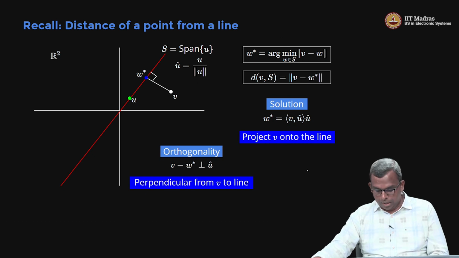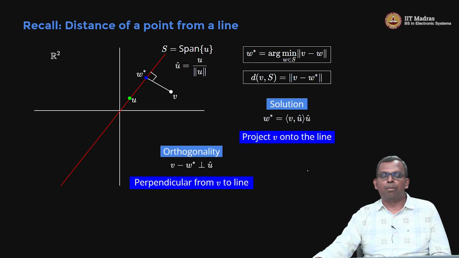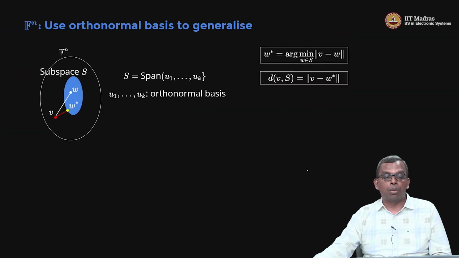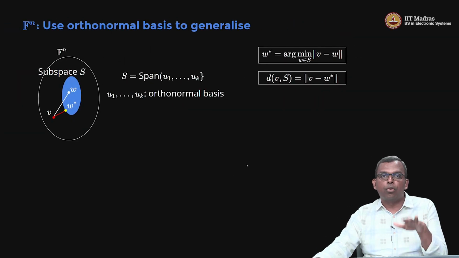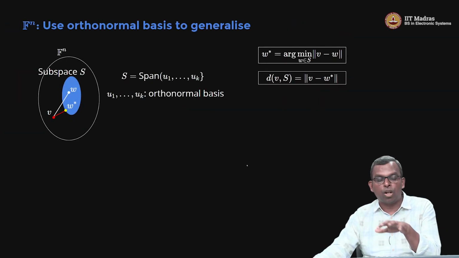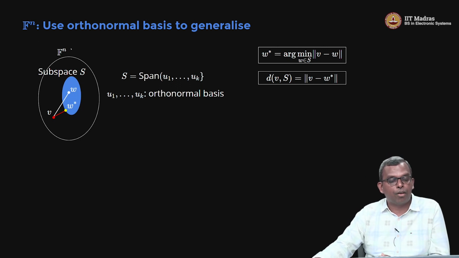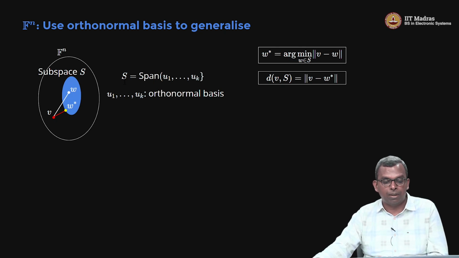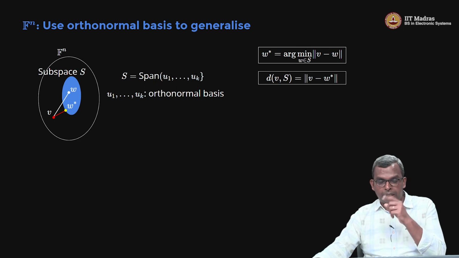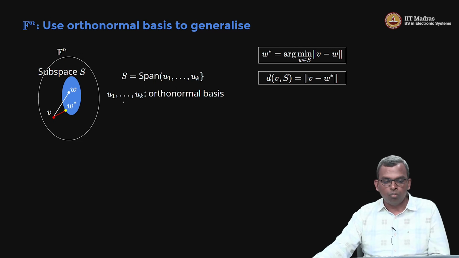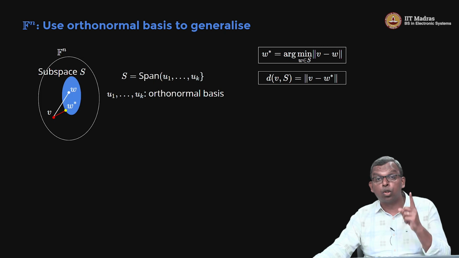It turns out a very similar formula and method extends to arbitrary dimensions, and that is because of orthonormal basis. And let me show you the answer first. We will prove it later, but for now we will see the answer. Okay, what is the answer in arbitrary dimension? I have an F^n arbitrary dimension space. I have a subspace S of arbitrary dimension. It is spanned by k vectors u1 to uk, but here let's say the u1 to uk are an orthonormal basis.